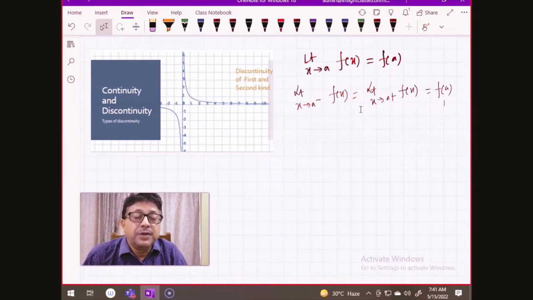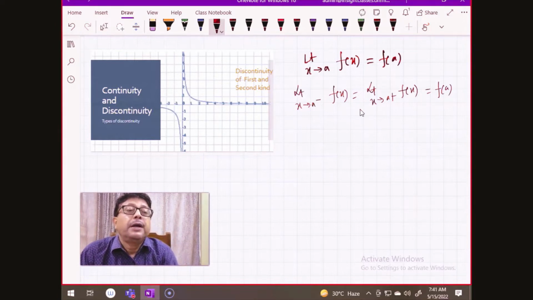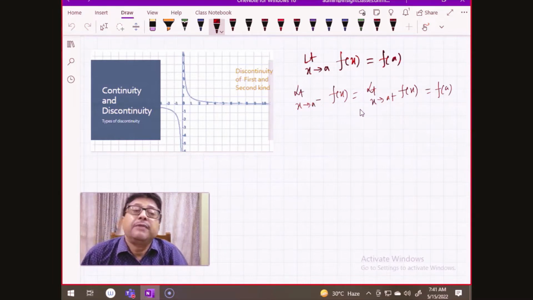But in today's class we are going to discuss discontinuity of a function. A function is said to be discontinuous at a point if any one of these two equalities is not satisfied. For example, if this is not equal to this, or this not equal to this, or this one not equal to this one, then the function is said to be discontinuous.